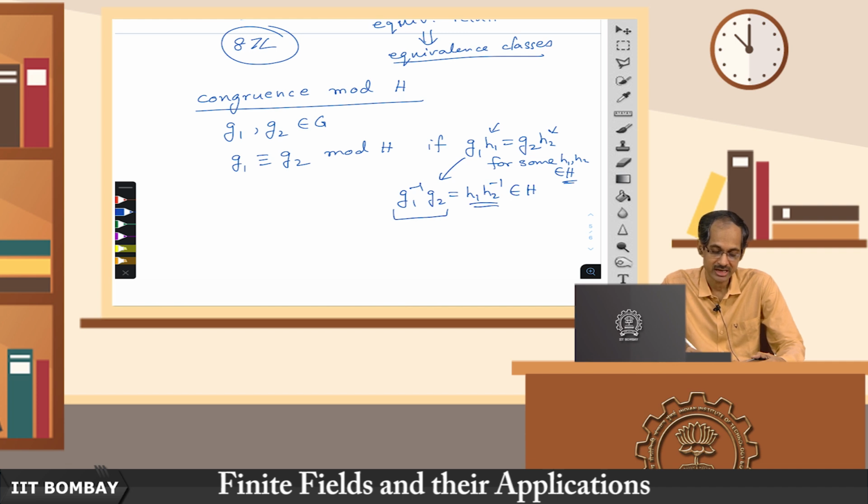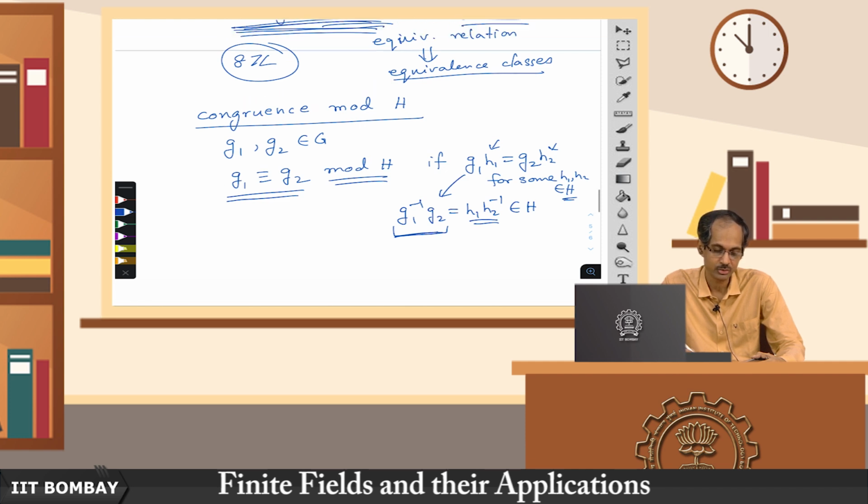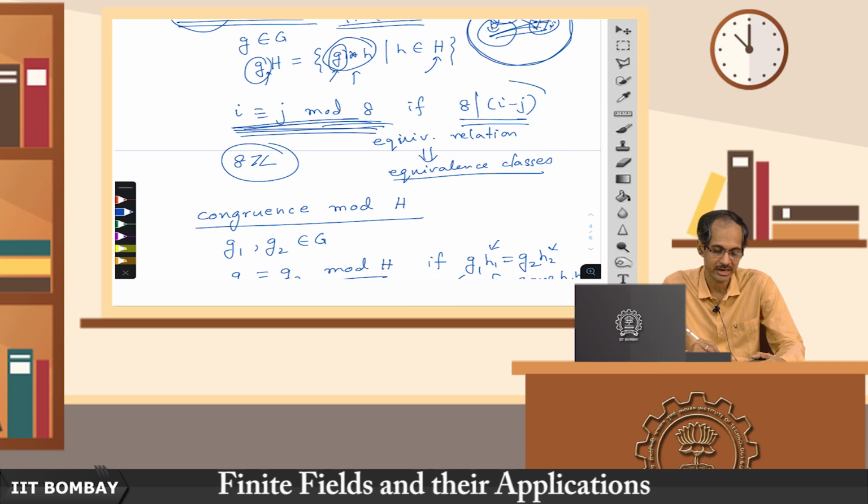So, what we are saying is that g1 inverse g2 is in H. This is the condition. We say g1 is equivalent to g2, congruent to g2 modulo H if g1 inverse g2 is in H. Now, this is very similar to the definition of congruence modulo 8. If you see, how did you define it? We said i minus j should be divisible by 8, which means i minus j should be in the subgroup 8Z.